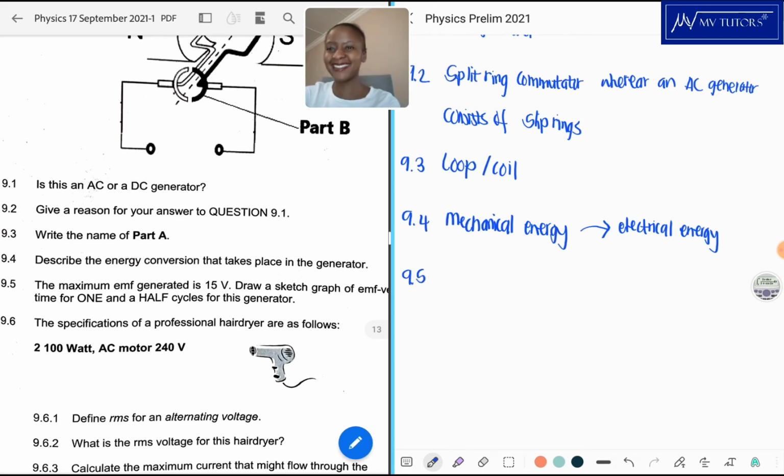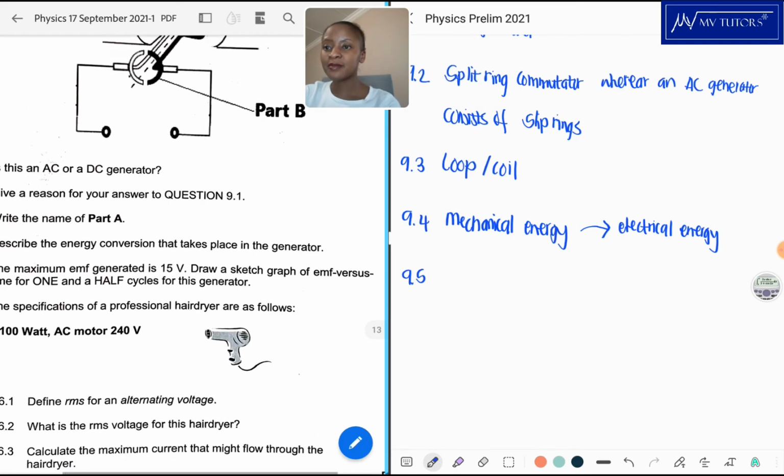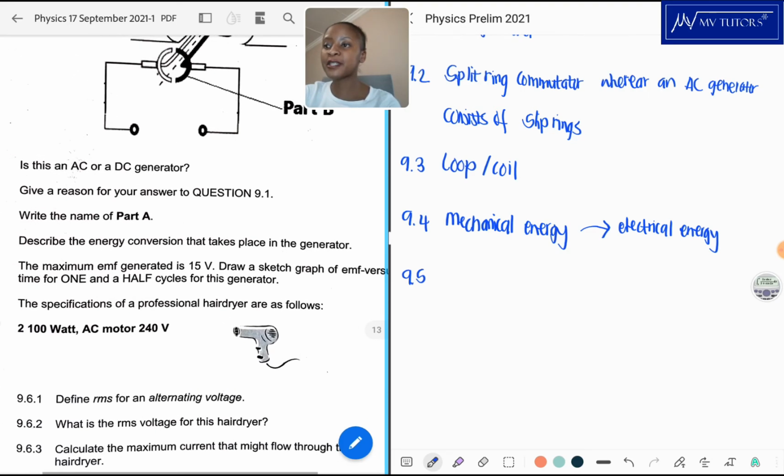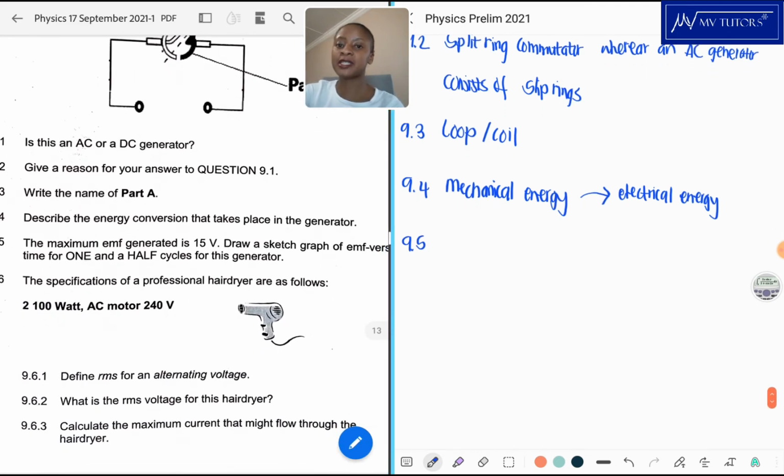Come on. All right. Now they're saying the maximum EMF generated is 15 volts. Draw a sketch graph of EMF versus time for 1.5 cycles of this generator. Okay, so you know that the graphs for a DC generator is quite different from the ones of an AC generator.